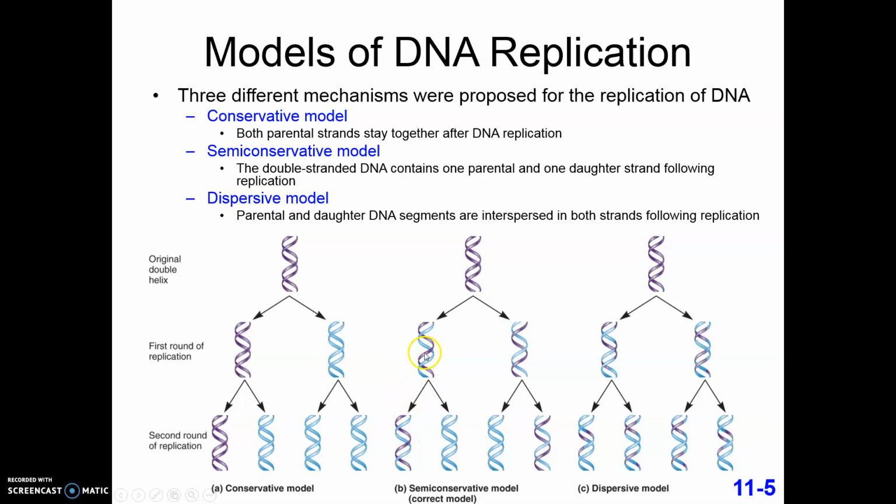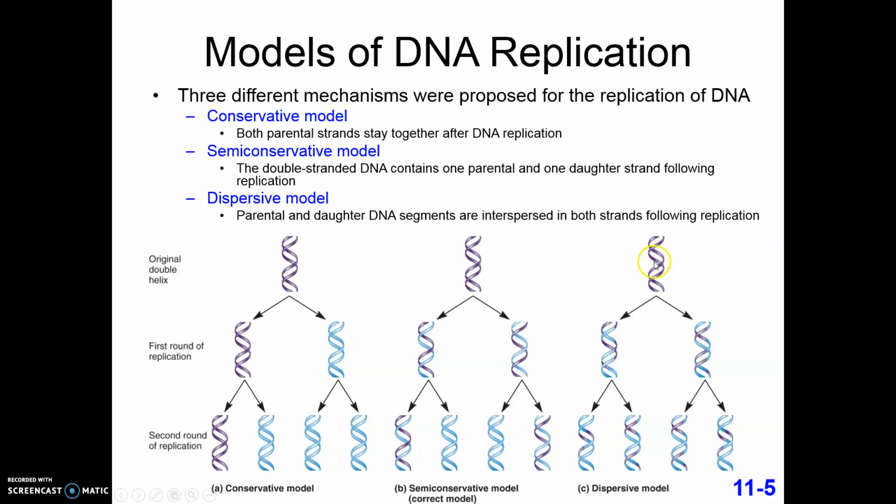Again, the strand would come down here and serve as a template for this strand. This blue strand would come down here and serve as a template. And so we would have one original strand here, and a daughter strand. These are all going to be daughter strands. This happens to be the correct model, so semi-conservative is correct.